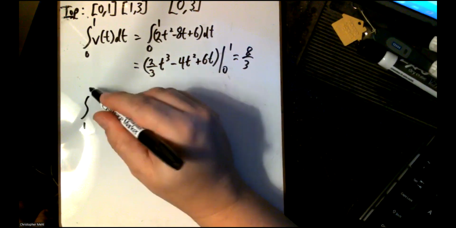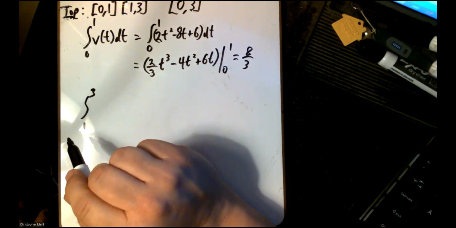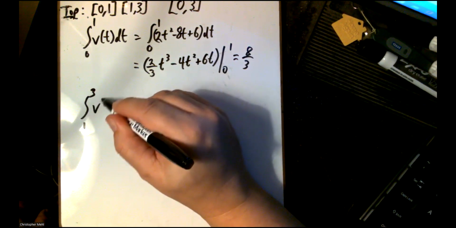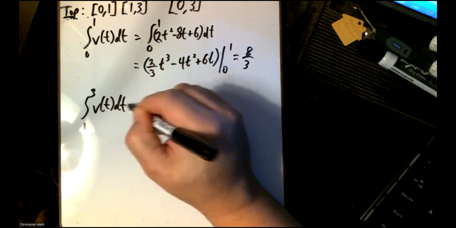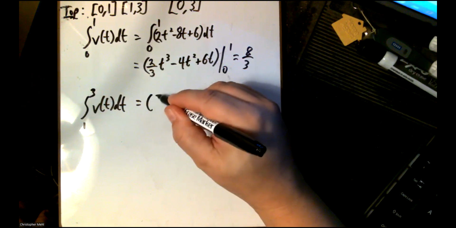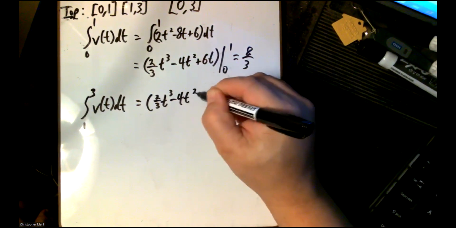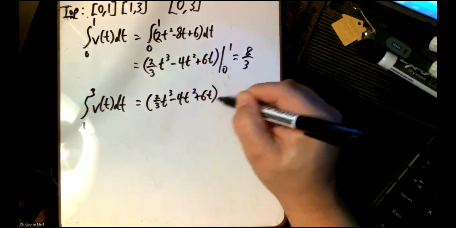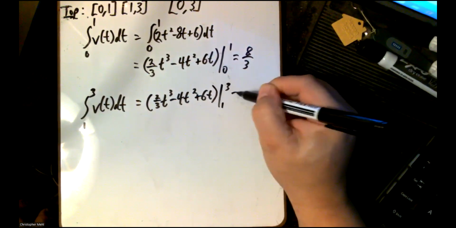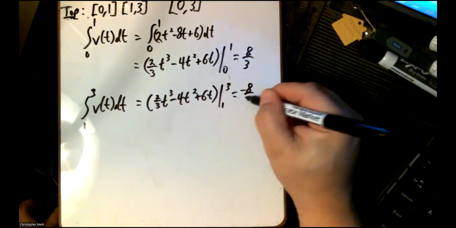The next one looks at the integral of the same thing. The antiderivative is going to be the same. Now we're just looking at different bounds. We're going to evaluate it from 1 to 3, and if I do that, I get negative 8/3.